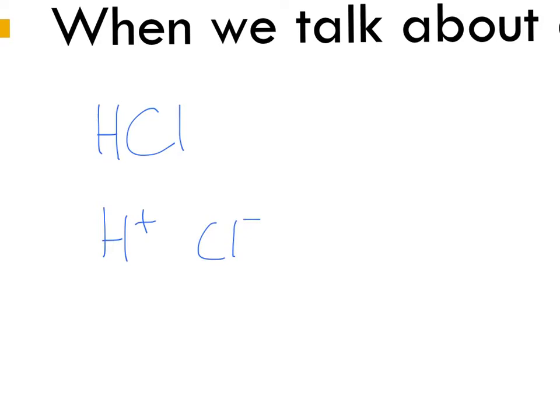Now, this H+ doesn't like to be by itself, so we have this water molecule with its oxygen and the hydrogens, and this oxygen, remember, pulls the electrons from hydrogen. Remember how we said this end was slightly negative and this end was slightly positive? Well, this negative here and this positive here are attracted to each other.